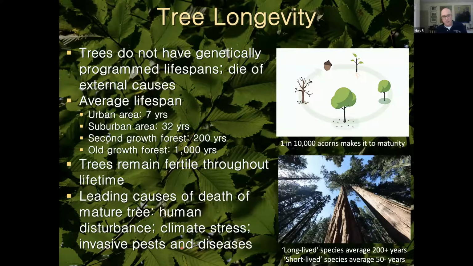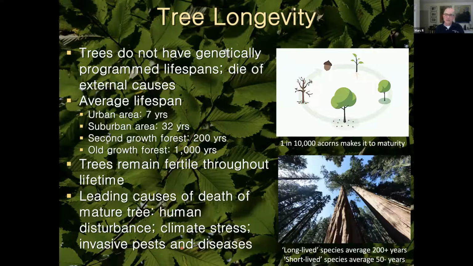Speaking of short-lived trees, which we just did, in tree longevity, trees don't have a planned obsolescence, sort of like animals, including humans, do, where it's part of our genetic makeup that we have finite lifespans. Trees do not have a genetically defined programmed lifespan.